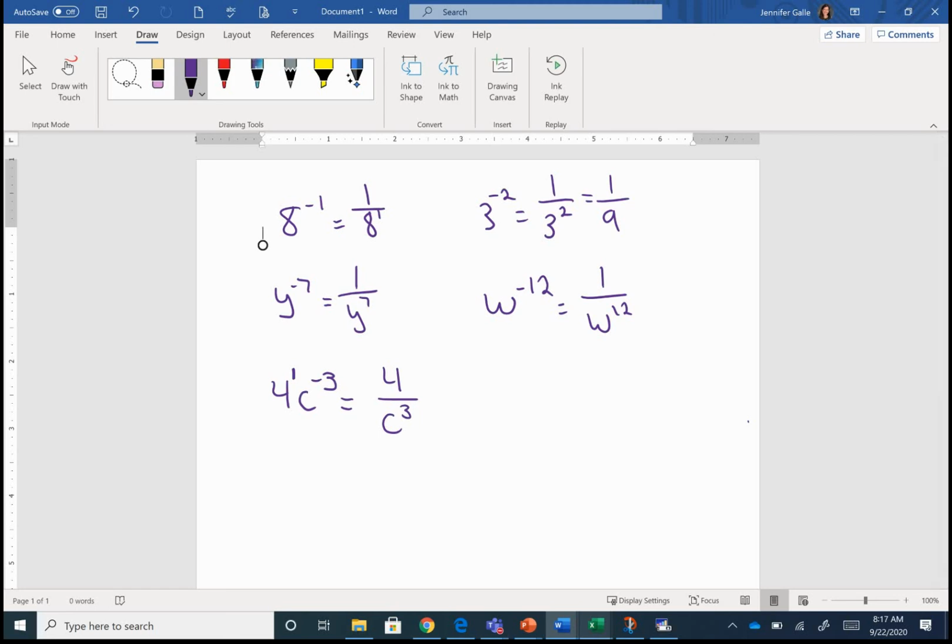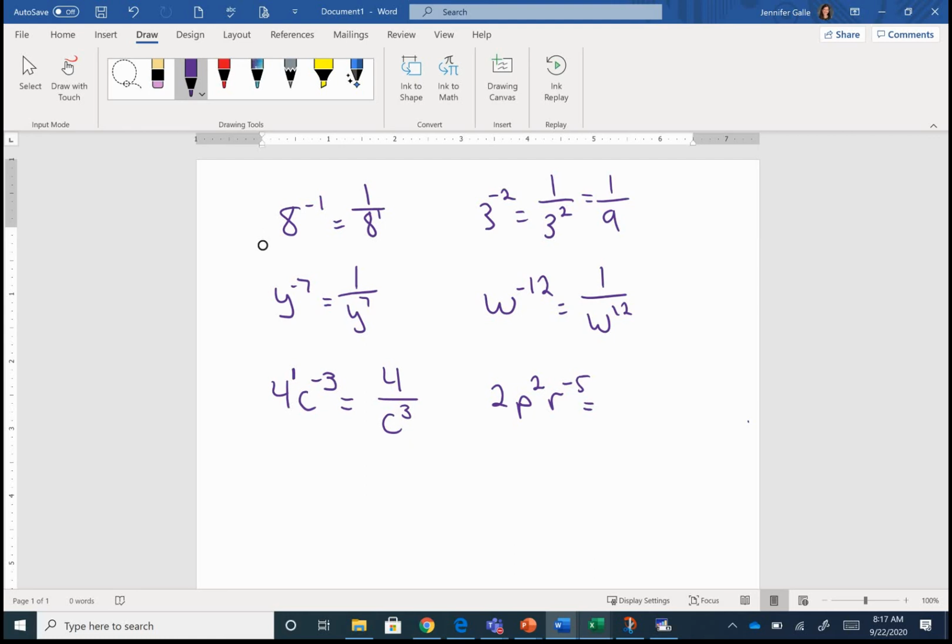Let's try another one that looks kind of like that. Let's see what happens. Remember, I'm only moving any of the bases that have negative exponents.